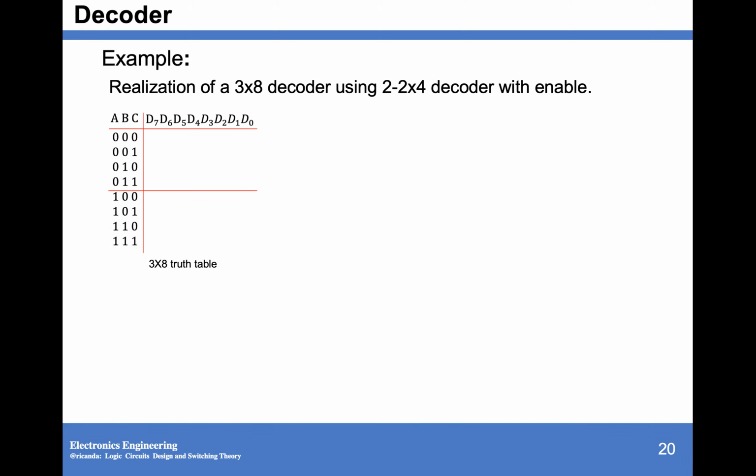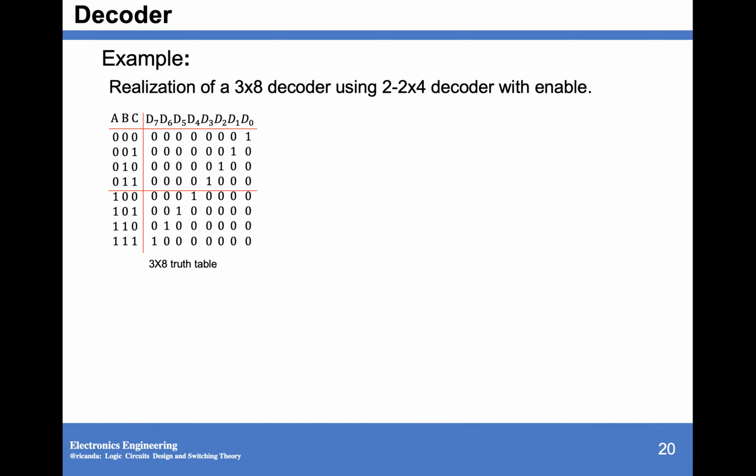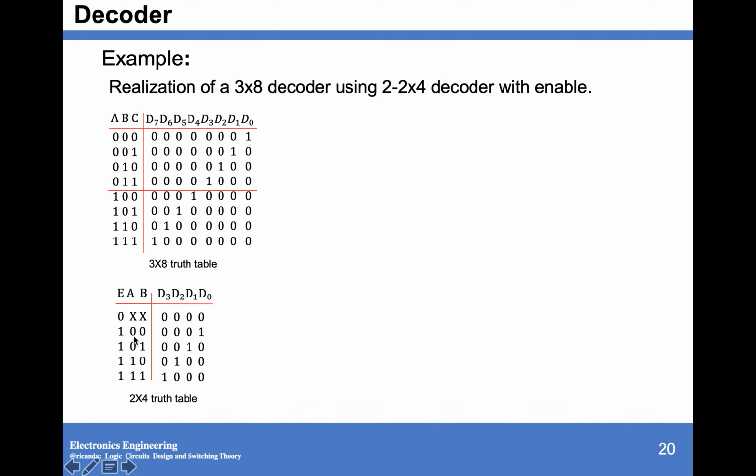This is the truth table of your 3 by 8. If you have an input ABC, your output is from D0 to D7. The truth table of your 2 by 4 with enable is this one. If enable is 0, then your decoder will not function as a decoder. If it is equal to 1, then it will function as a decoder.